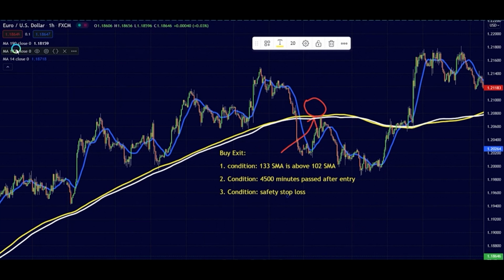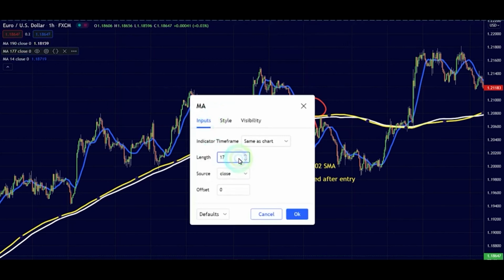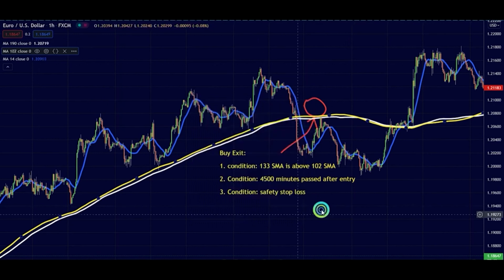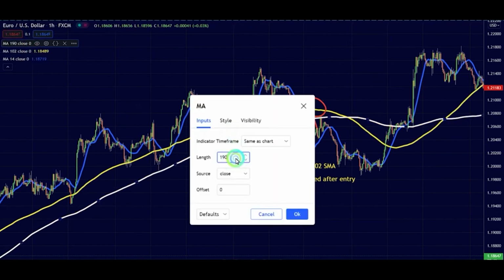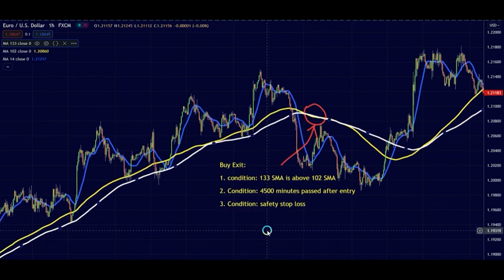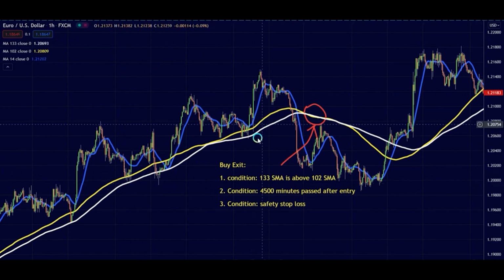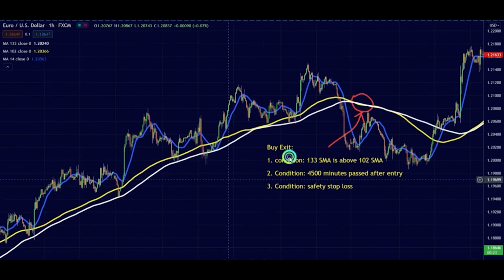Let's see. So we will need, in this case, a 102 and a 133 simple moving average. So basically, as you see, we have the white line, and the white line has to be above the yellow line in this case.